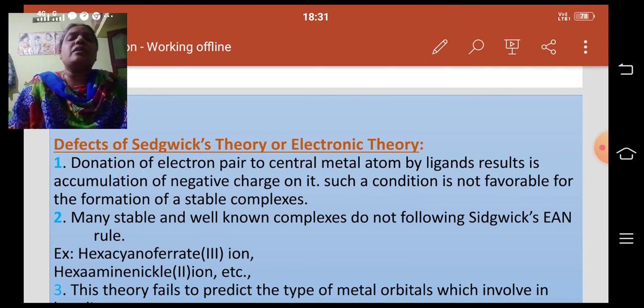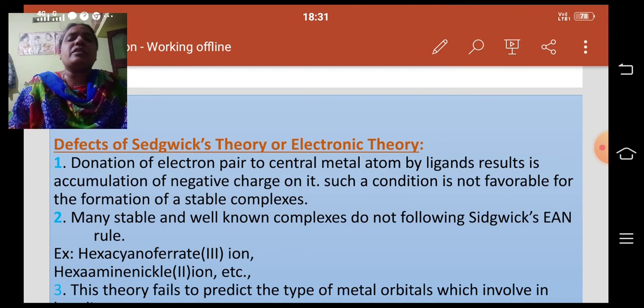By accepting these 12 electrons, negative charge will be accumulated on the surface of the iron. If negative charge accumulates, the complex stability becomes a question mark.